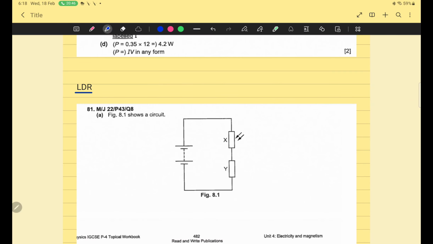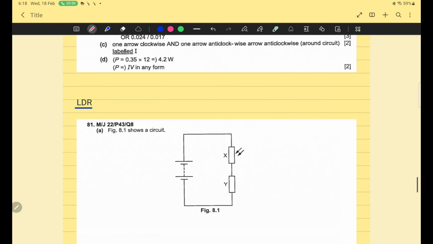Sir, what is LDR? LDR means light dependent resistor, and the resistance of LDR is inversely proportional to the brightness of light. If brightness is low, then the resistance will be high.